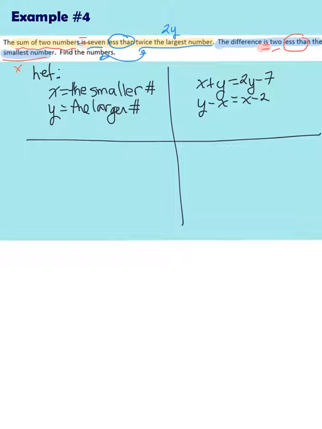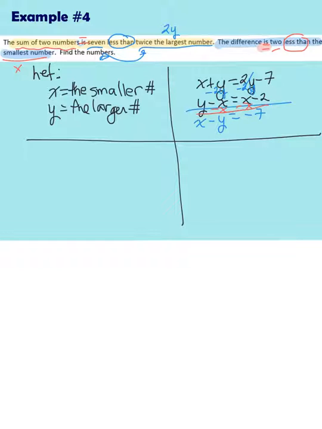Then you have to decide if you're going to use substitution or elimination. I think I'm going to eliminate, so I'm going to get all of my x's and y's over here and all my constants over here. For the first equation, I want to move my y by subtracting 2y from both sides. I get x, a positive y and a negative 2y is a negative y, equals negative 7. For the second equation, I want to move my x, so I'm going to subtract x.